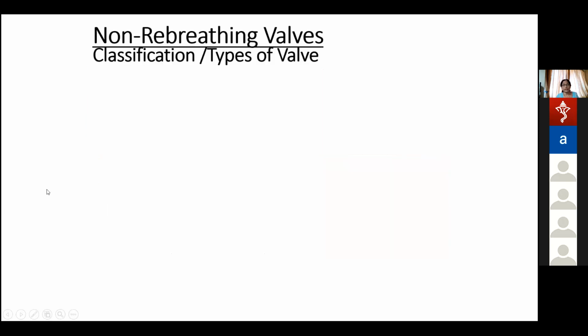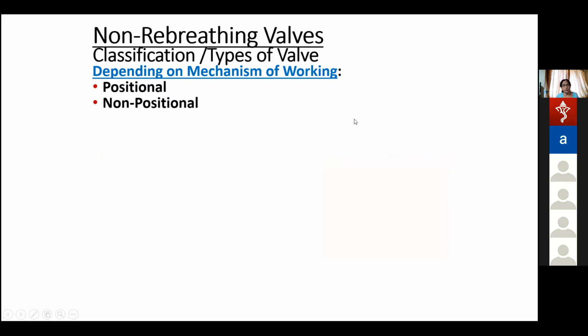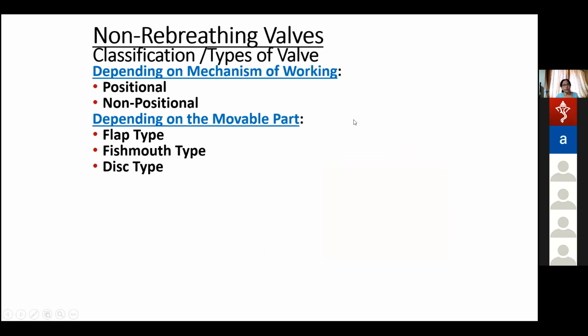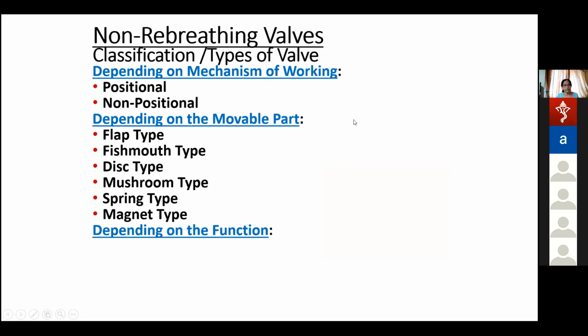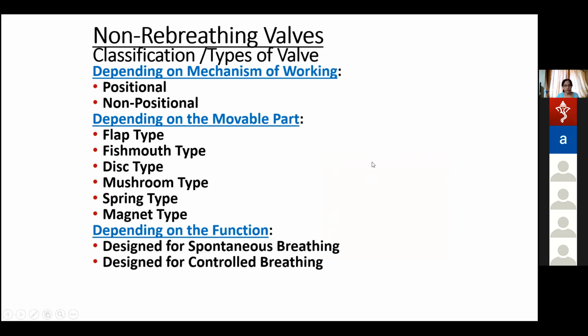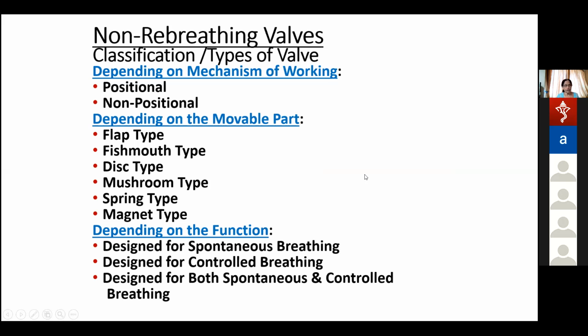Okay. Now, classification. How do you classify them? Depending on the mechanism of working, you call them positional valve or non-positional. Depending on the movable part, you call it flat type, fish mouth type, disc type, mushroom type, spring type, magnet type. And depending on the function, you say whether it is designed for spontaneous breathing, controlled breathing, or for both.